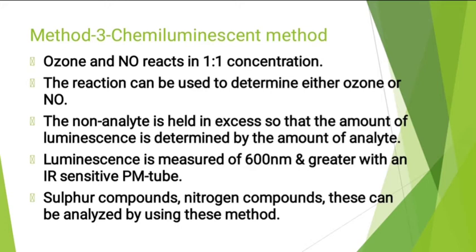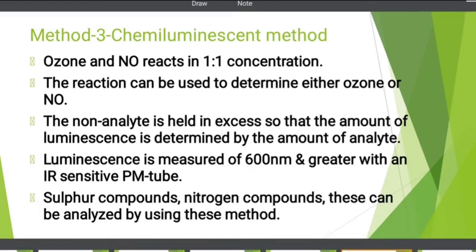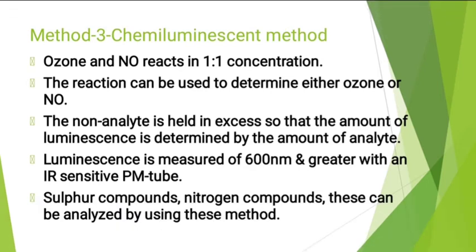The reaction can be used to determine either ozone or NO. The non-analyte is held in excess so that the amount of luminescence is determined by the amount of analyte. The analyte, which is of interest, is in lower concentration, and the non-analyte material is in greater or excess amount than the analyte.